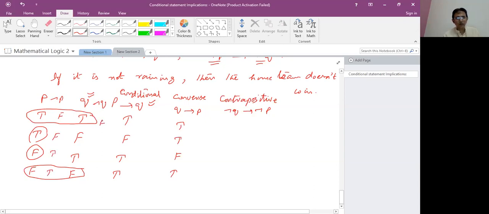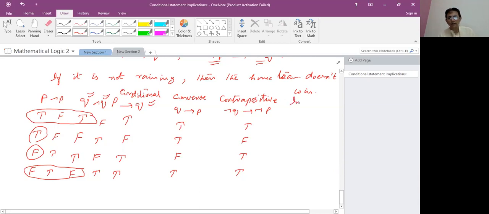Negation of Q is false, true, false, true. Applying the conditional rule, we consider negation Q as the first term. When both are false, it is true. When both are true, it is true. When the first one is true and the other is false, it is false. And if the first one is false and the other is true, it is true. According to the conditional rule, this gives the contrapositive.